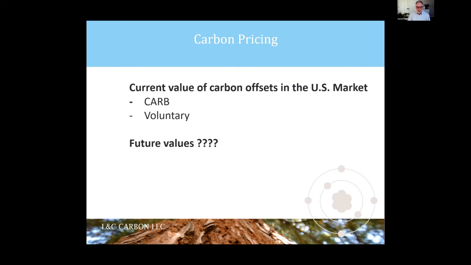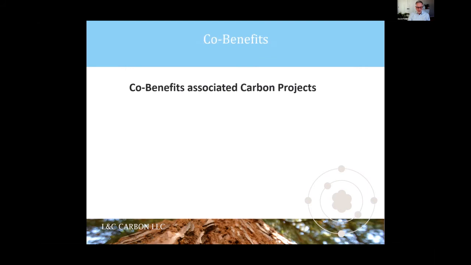But needless to say, being in this market for 10 years, things look pretty bright, at least over the next decade or so, based on demand and based on the acceptance of a range of voluntary credits in the marketplace.